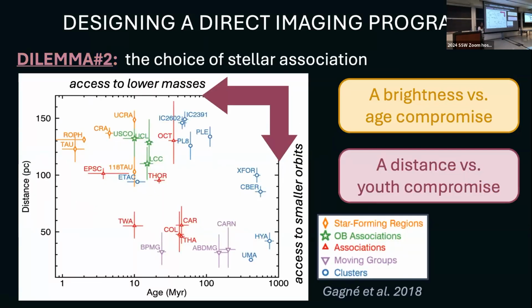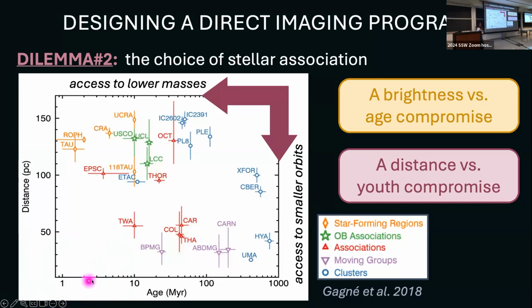Then if we go in for young things, we also have to make the choice of which young cluster do we look at. And again, that's going to lead to a compromise or a choice we have to make between distance and youth. So we saw a similar plot to this one earlier in the week. It's showing some of the nearby young star forming regions, moving groups and clusters, where we have the distance on the y-axis and the cluster age on the x-axis. And you can see that ideally we'd want to be down here.